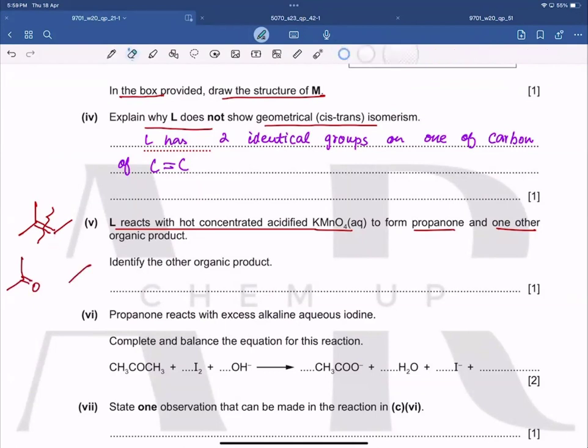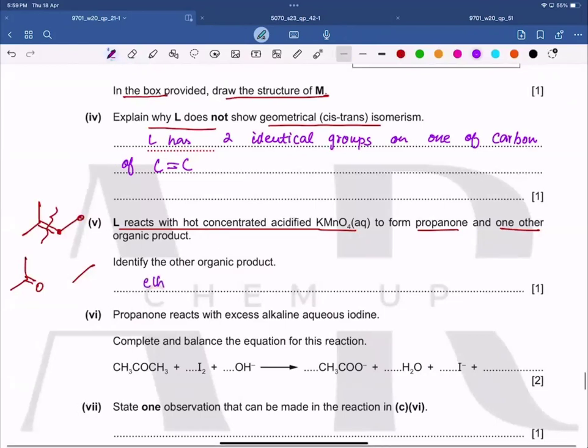If the double-bonded carbon has a 1 carbon chain and 1 hydrogen, it turns into a carboxylic acid, and this has only 2 carbons, so it will form ethanoic acid. Is this clear to all of you? So when this is broken, 1 propanone and 1 ethanoic acid.